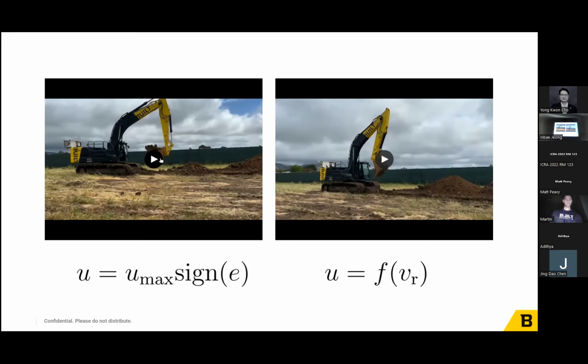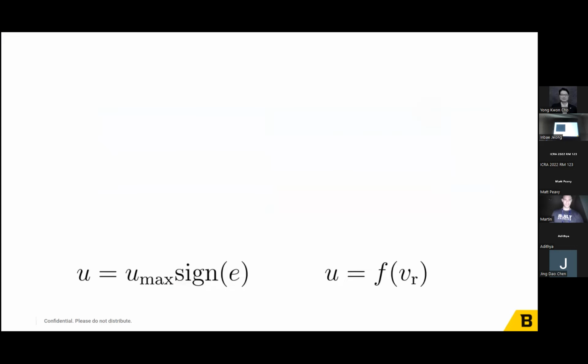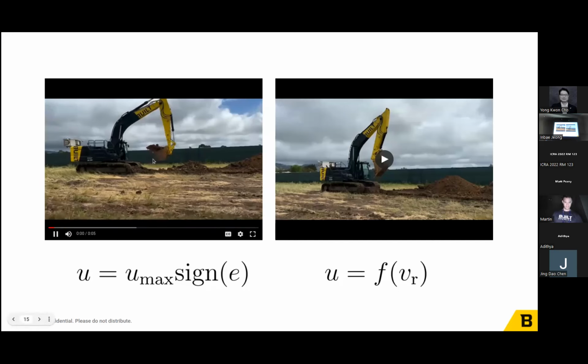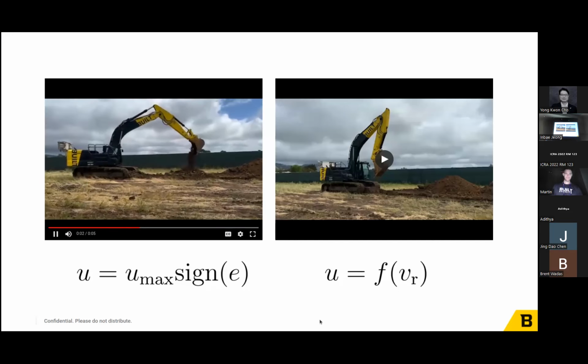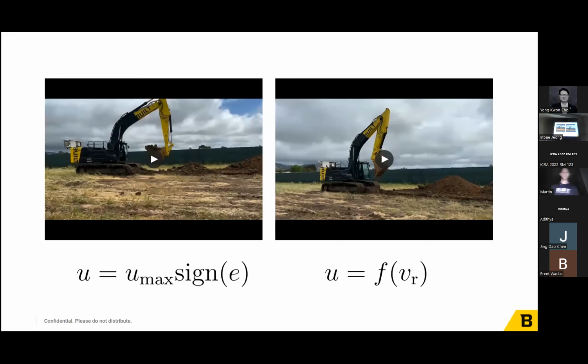So I'll show you again what that looks like on the left-hand side here. Yeah, that's it. And then on the right-hand side, we use control for moving the tracks to drive around. And the simple thing about this controller is that it's just a static function.